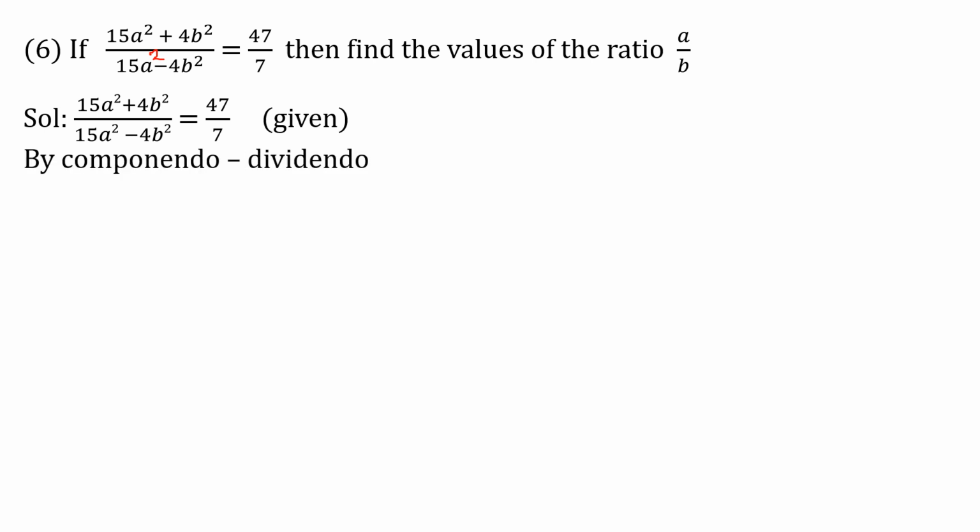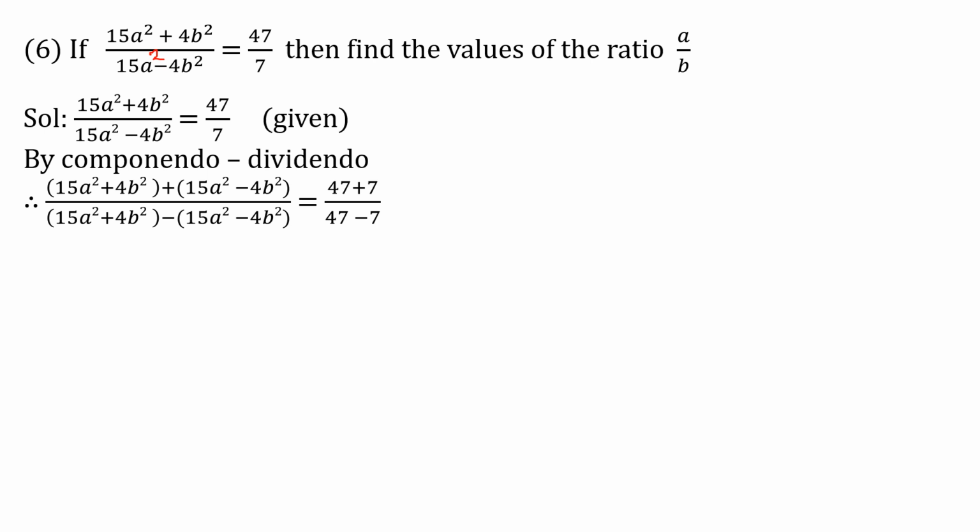So by componendo and dividendo, you'll get numerator plus denominator, and down it will be numerator minus denominator. So we'll write down (15a square plus 4b square) plus (15a square minus 4b square) upon (15a square plus 4b square) minus (15a square minus 4b square) equal to (47 plus 7) upon (47 minus 7).